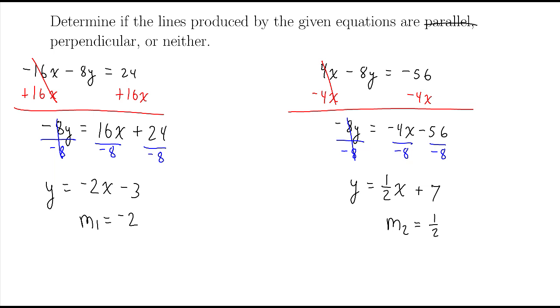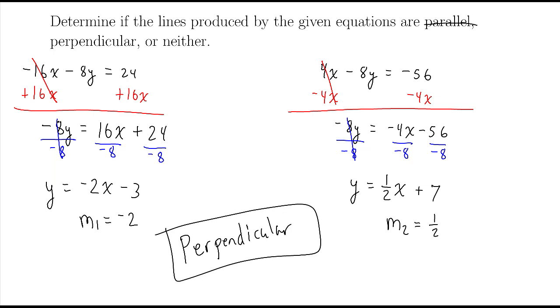Is 2 the reciprocal of 1/2? Yeah, it is. If you think about it, 2 is the same thing as 2 over 1, right? And that is the reciprocal of 1 over 2. So they are opposite signs and they are reciprocals, so therefore they are perpendicular lines.